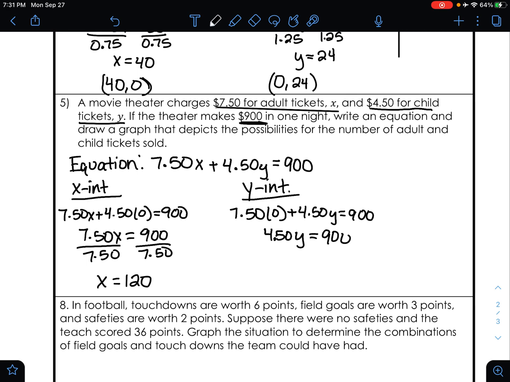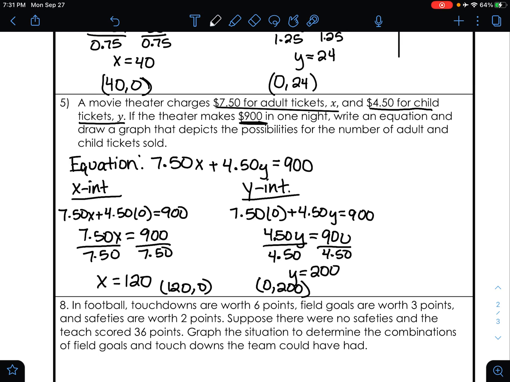So what I would need to do is divide both sides by 450. And when I do that, I get y equals 200. So if only children's tickets were bought, they could buy 200 children's tickets for $900. So if I want to write it properly as x and y intercepts, we got 120, 0 and 0, 200.